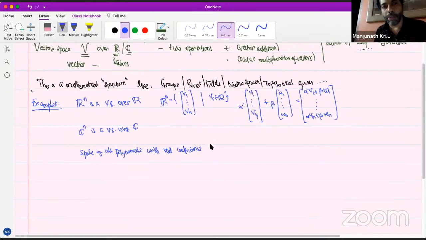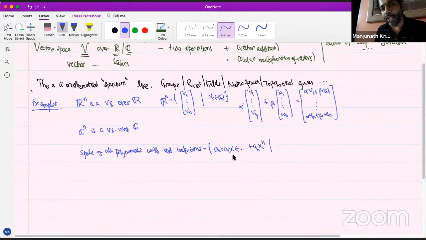Space of all polynomials with real coefficients. They are objects like this. Polynomials can be just written as tuples, but it is usual to write it like a0 plus a1x plus up to anx to the n. X is a meaningless symbol here. Don't have to think of it, it's just a variable. It doesn't mean anything.